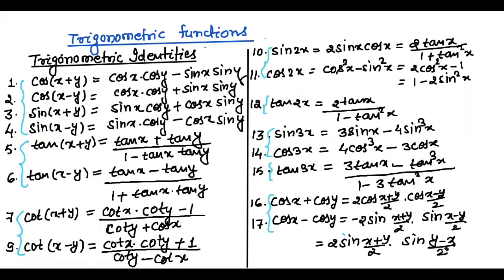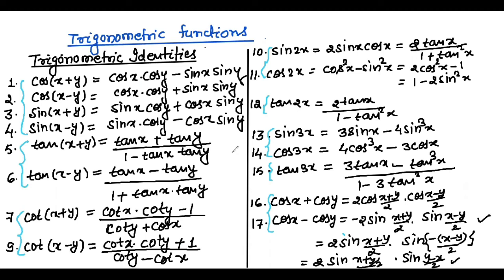I'm elaborating it so that it will be clear for you all. This minus sign I'm taking here, so I'm writing it as 2 sin((x+y)/2) into sin((y−x)/2). So both are equal, if you are remembering this.